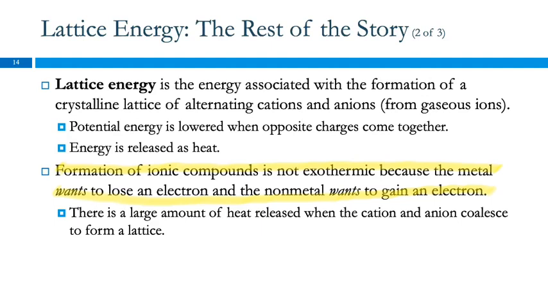That doesn't account for the lowering of energy of the formation of this compound, because it costs more to take the electron away than gets released by giving it to the nonmetal. The heat that gets released, the reason that this is exothermic, is when the cation and anions come together, when they coalesce into a solid.